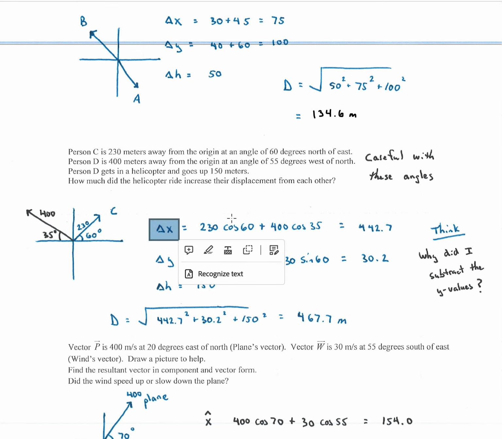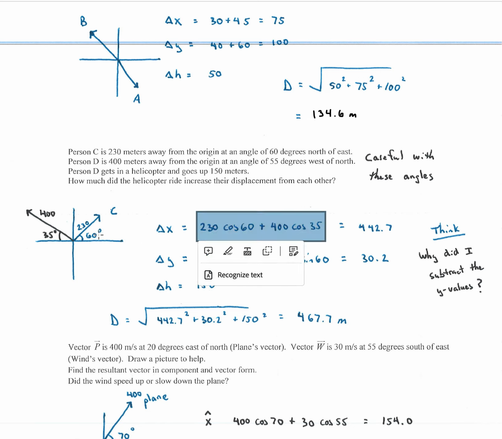That's okay. You could have just said, in reality, a little more formal, this minus this, the difference between their positions. And what you would have done was, this would have been a positive. You would have subtracted a negative. I just went ahead and added them together because I know C is to the right and D is to the left. So the total delta between them is just adding their two positives together.